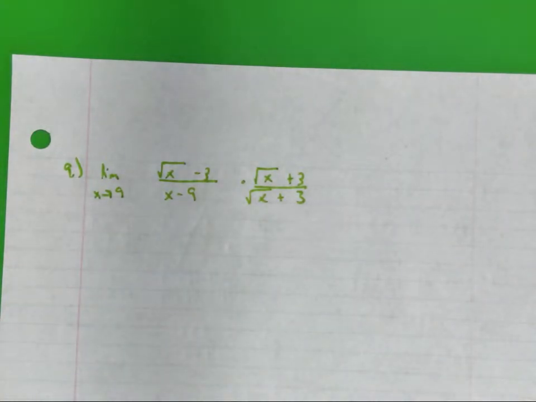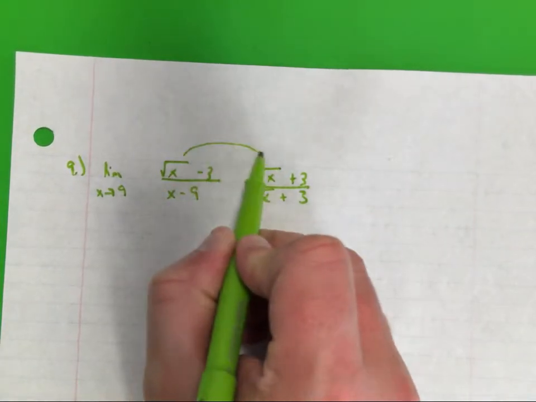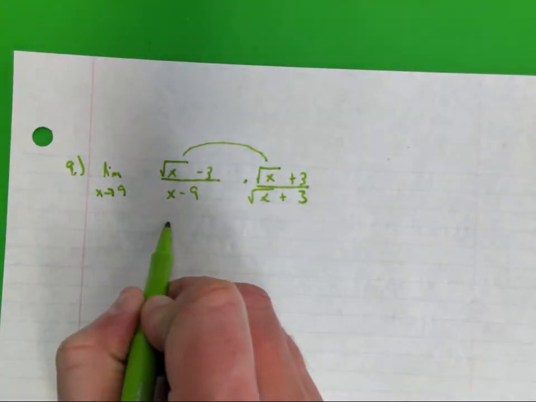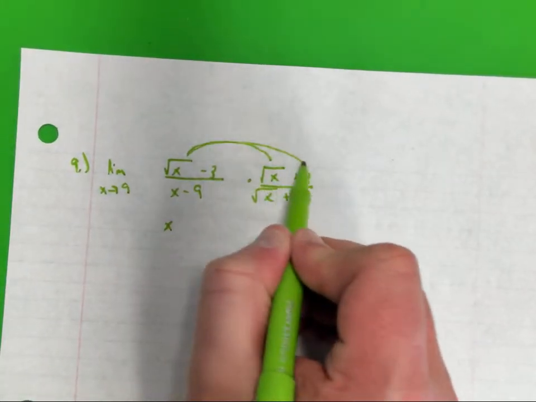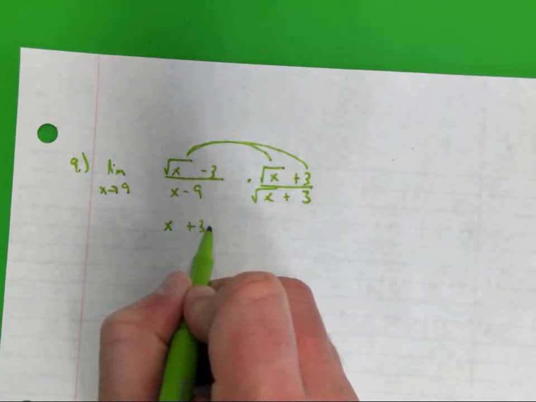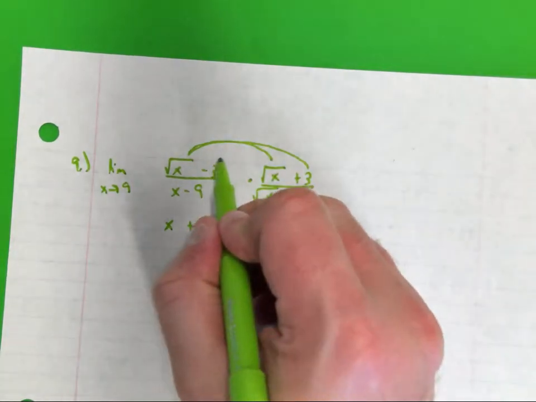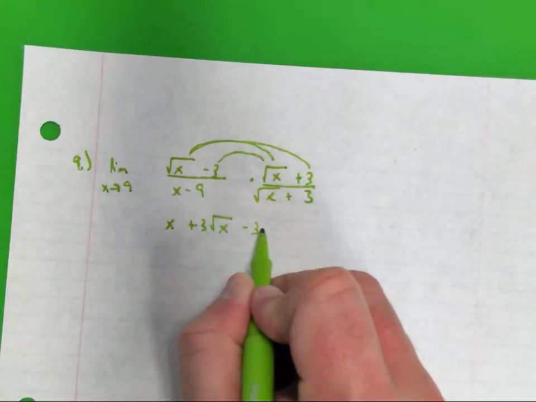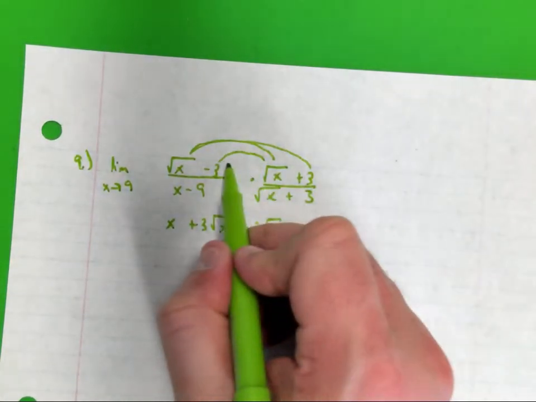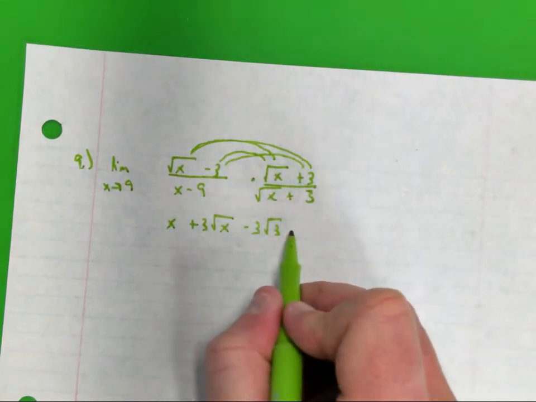Now watch this. The math gets long here, but it's really easy. Square root of x times square root of x is what? x. Square root of x times 3 is 3 square root of x. Negative 3 times square root of x is? Negative 3 times 3 is?